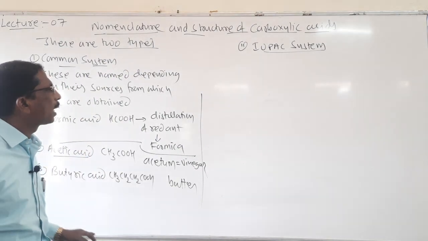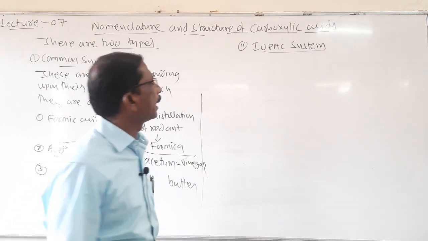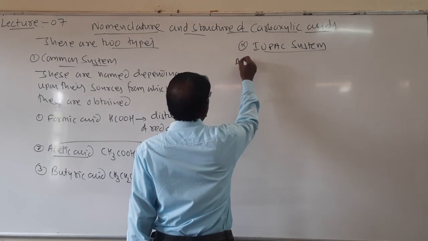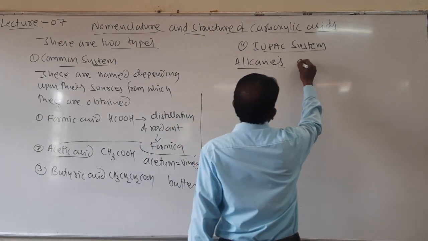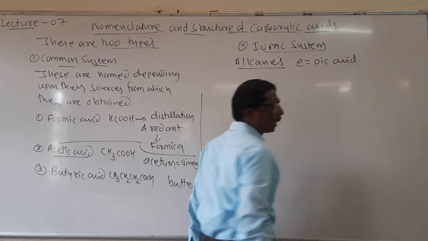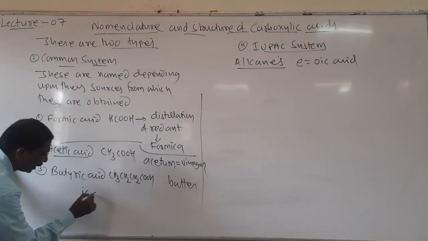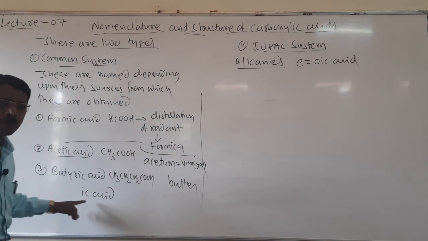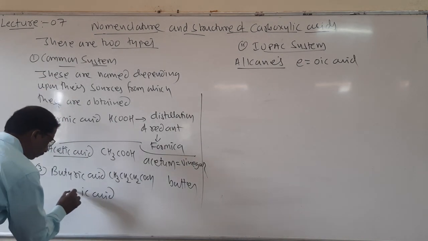And students, after this, the IUPAC system is very easy. These are the derivatives of alkanes, where E of alkane is replaced by OIC acid, and here it is IC acid. So in formaldehyde, aldehyde is removed and IC acid is added.